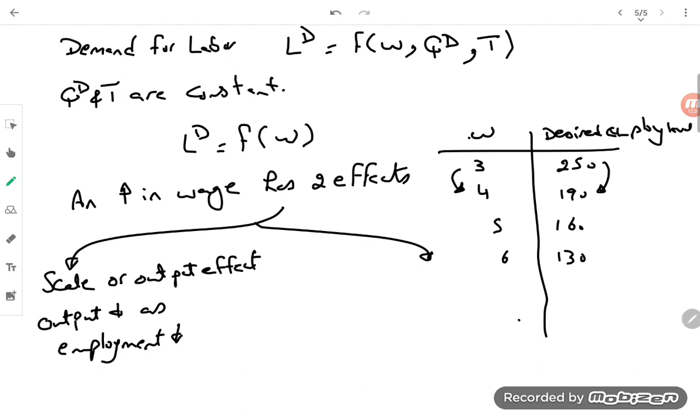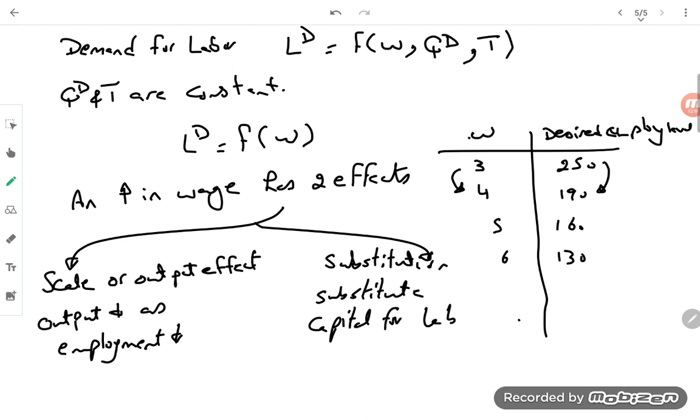What about the substitution effect? In case of substitution effect, as wages increase, firms are going to think about substituting capital for labor in the production process. So employment is going to decrease as well.